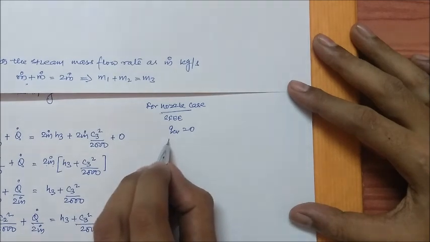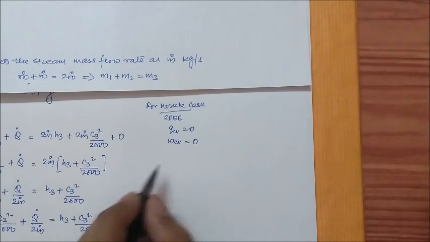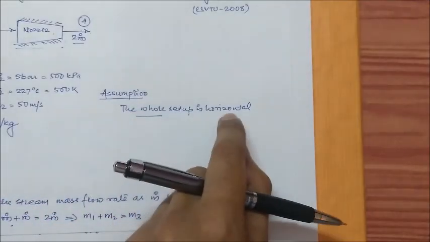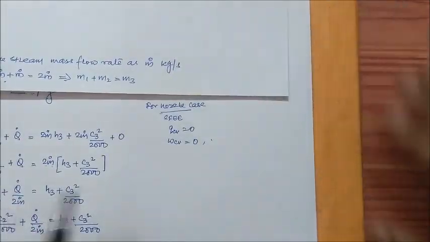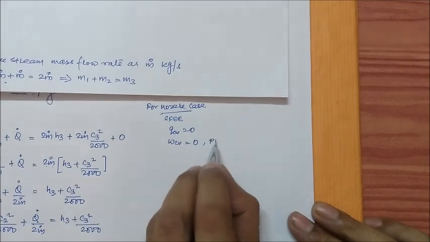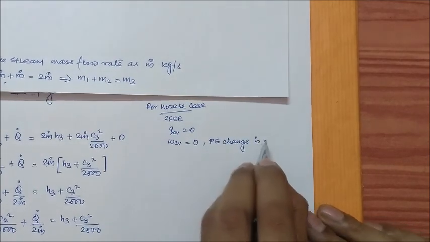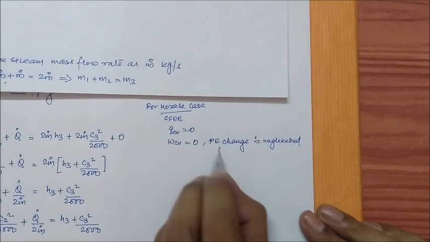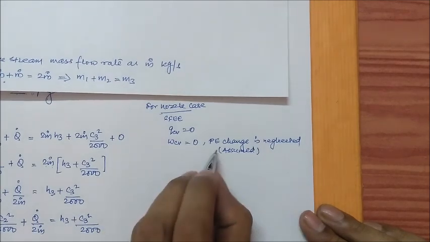As a nozzle, the work done is 0, and as I said, there is an assumption that the whole setup is horizontal, so potential energy change is also 0. PE change is neglected. This is assumed. It is not given in the question.